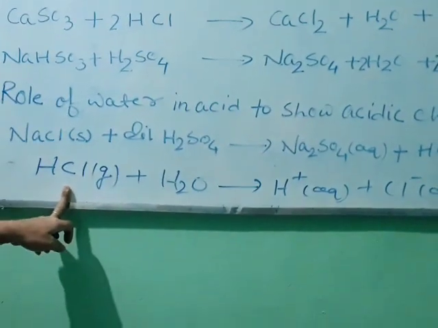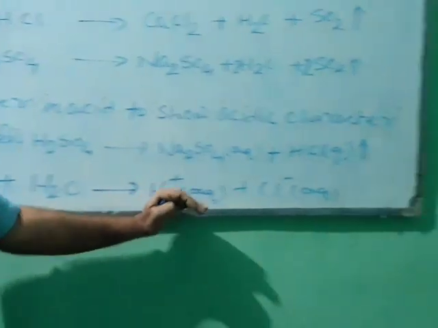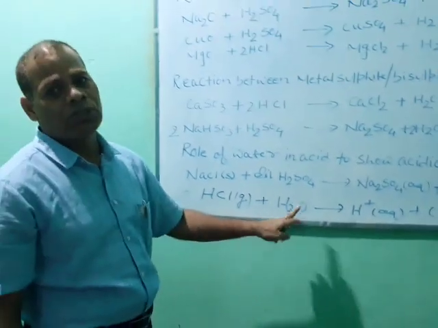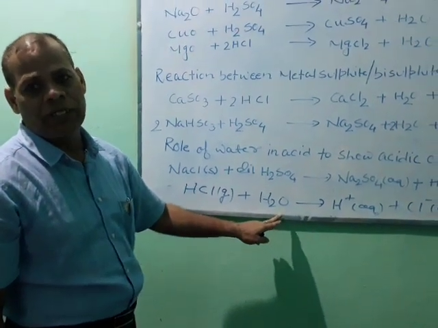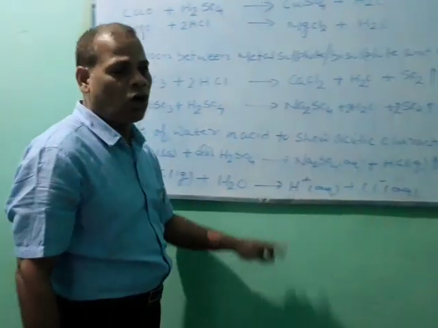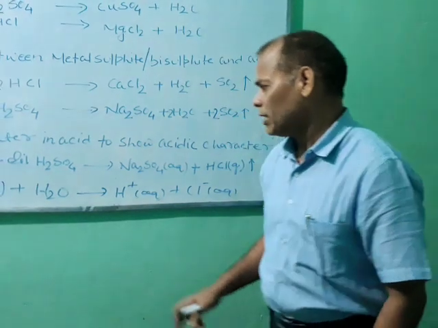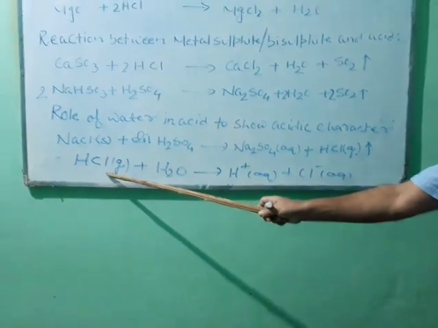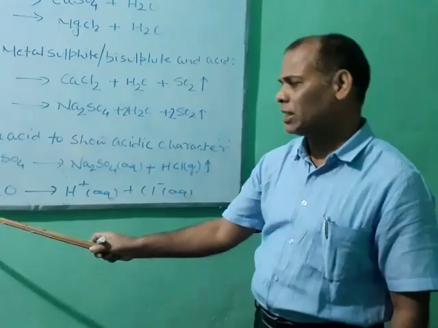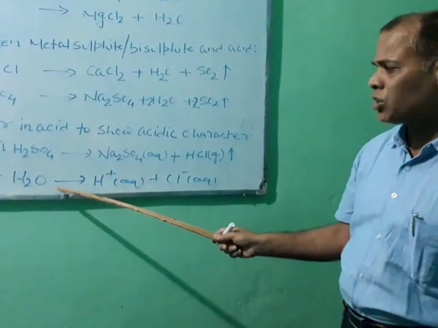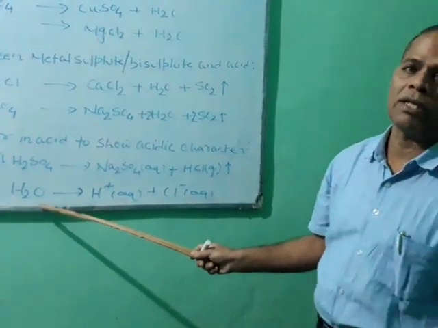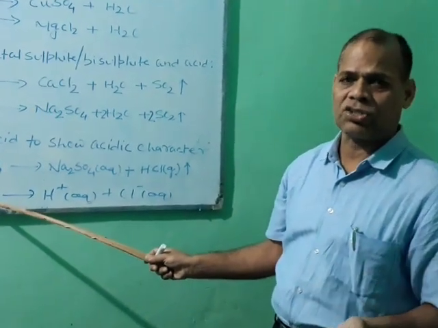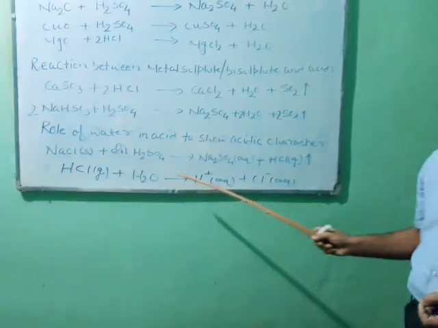So water has a very important role in deciding its acidic character. In order to show acidic character, there must be the presence of water. Otherwise, no acid in the gaseous state will show its acidic character.